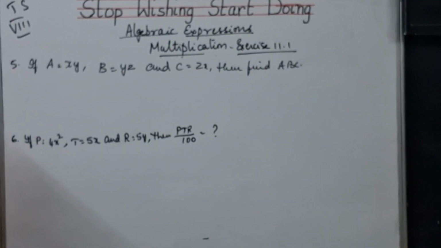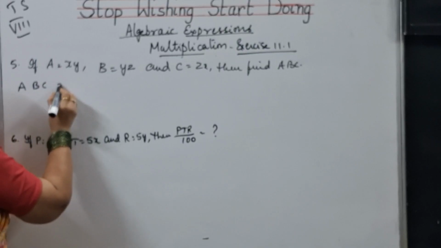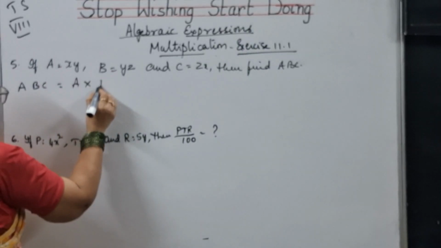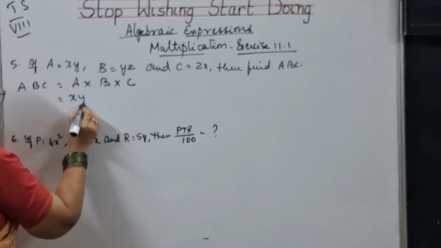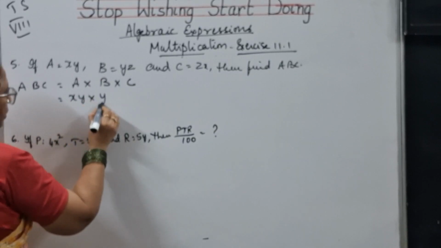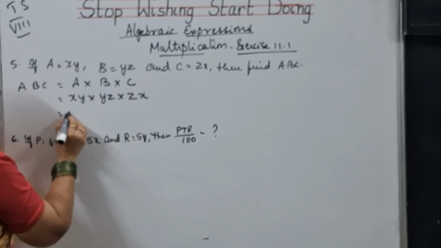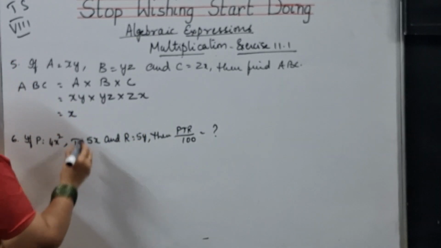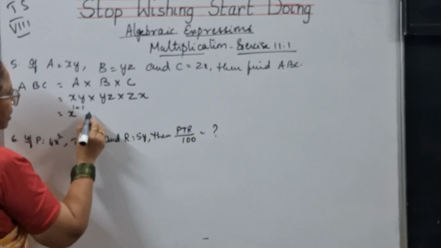Now the fifth problem is: if a is equal to xy, b is equal to yz and c is equal to zx, then find abc. abc means a into b into c. What is a? xy. Into b is yz. Into c is zx. So this is equal to x: power 1 plus again you have got x power 1.